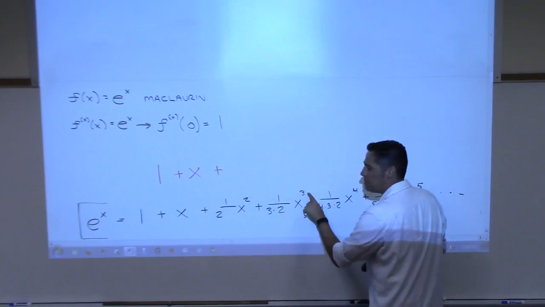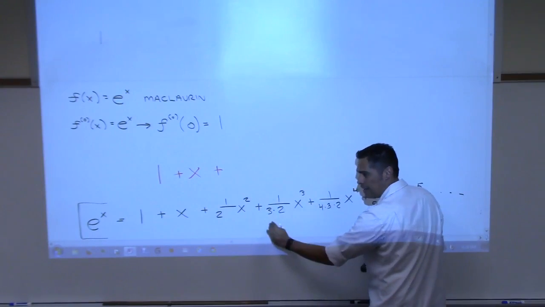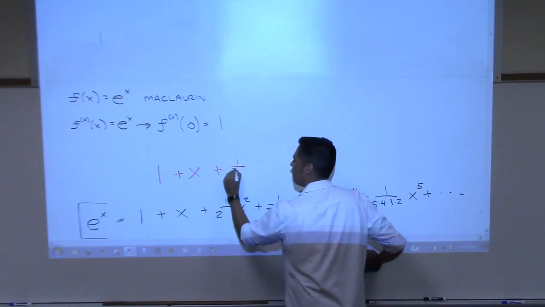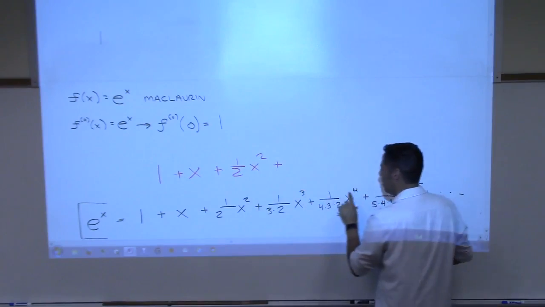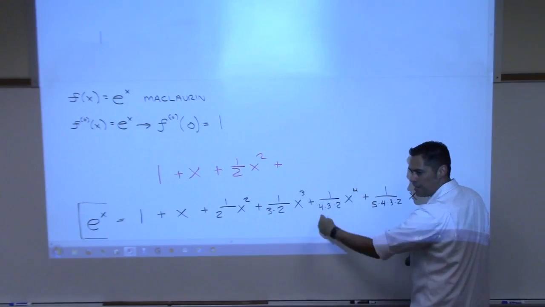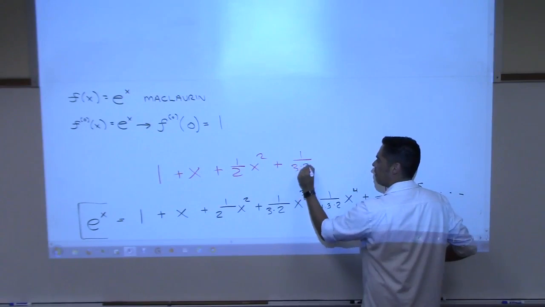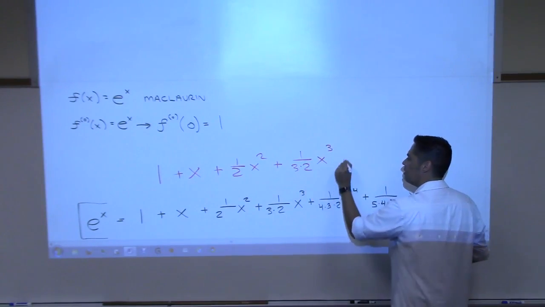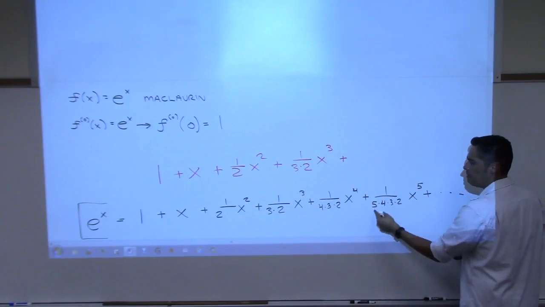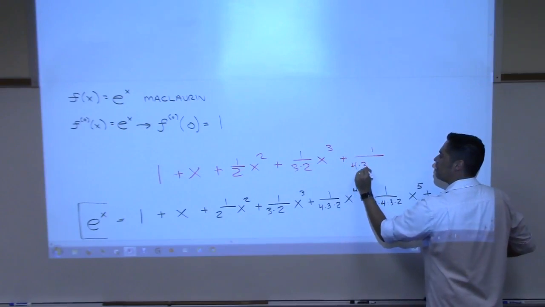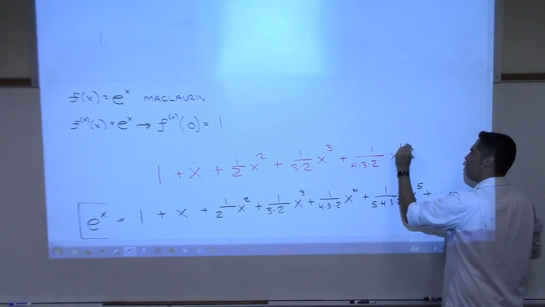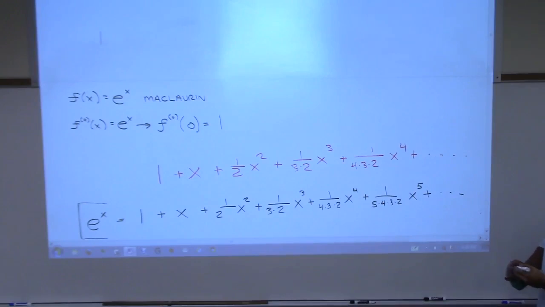Plus 3 comes out, 3 cancels, you're left with 1/2 x squared. Plus 4 comes out, 4's cancel, 1 over 3 times 2 x cubed. Next one, 5 comes out, 1 over 4 times 3 times 2, x to the 4th, plus, and those are the exact same things.